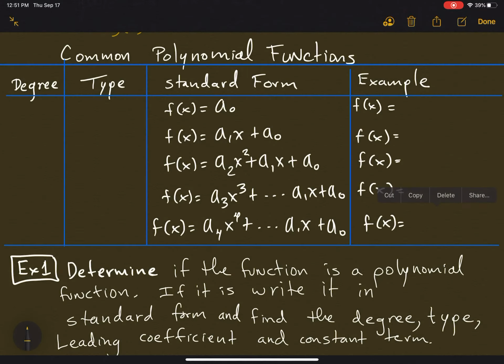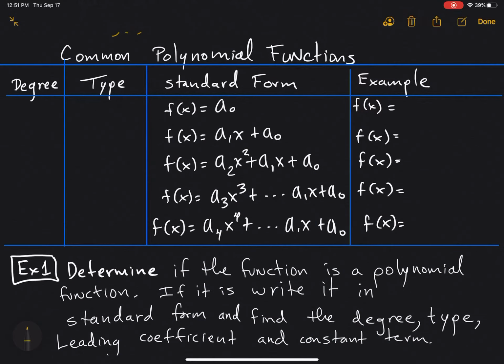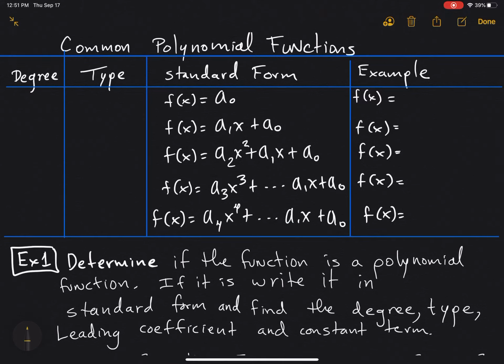We have some other vocabulary words. We have names for polynomial functions based on the degree. If the degree is 0, we call it constant.